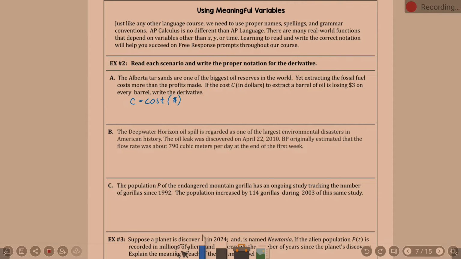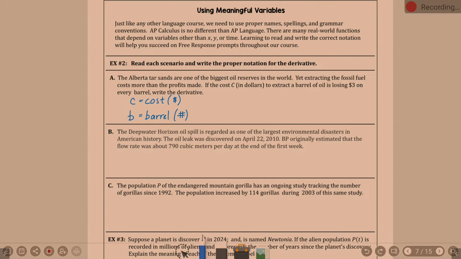Okay. So I'm going to go with the obvious and use B for barrels. Because it talks about the cost to extract a barrel of oil, when we talk about barrels, we're just talking about the number of barrels. How many barrels are there? It's not like we talk about gallons of oil in the barrel or anything like that. We're just talking about a barrel of oil.